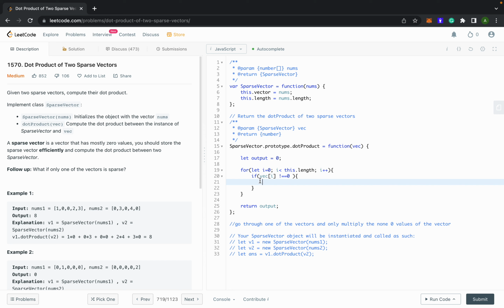So if vec at position i is not equal to 0, then I want to multiply it with this vector at that particular position, right? So output plus equals vec at position i multiplied by this.vector at position i.